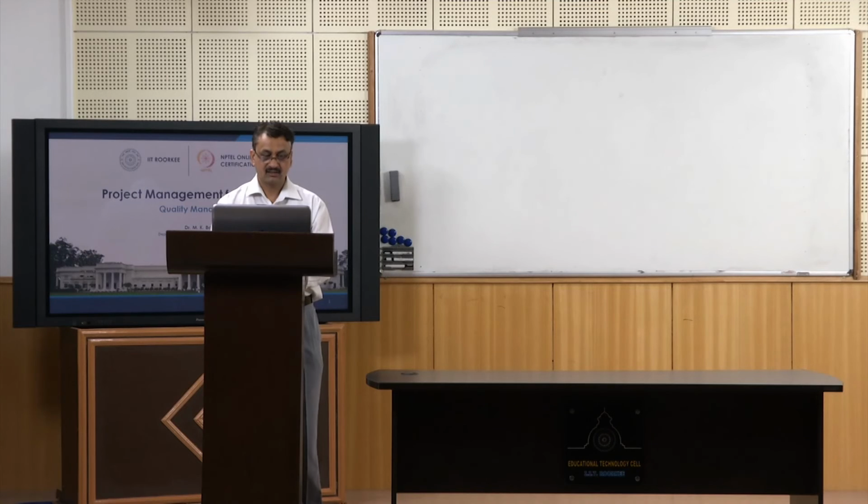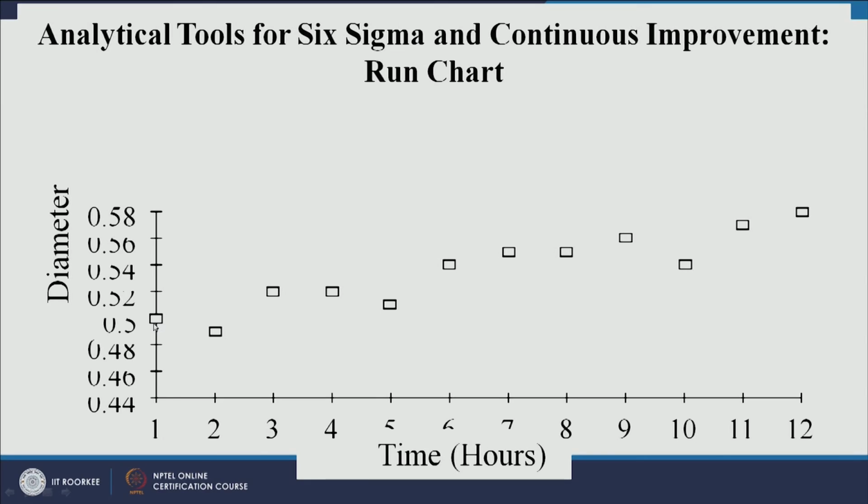In the first hour, you picked up one wire and checked its diameter, 0.5 centimeter. In the second hour you picked one more wire, diameter less than 0.5, and so on. This is how you will develop a run chart. So, you are measuring quality over a period of time.